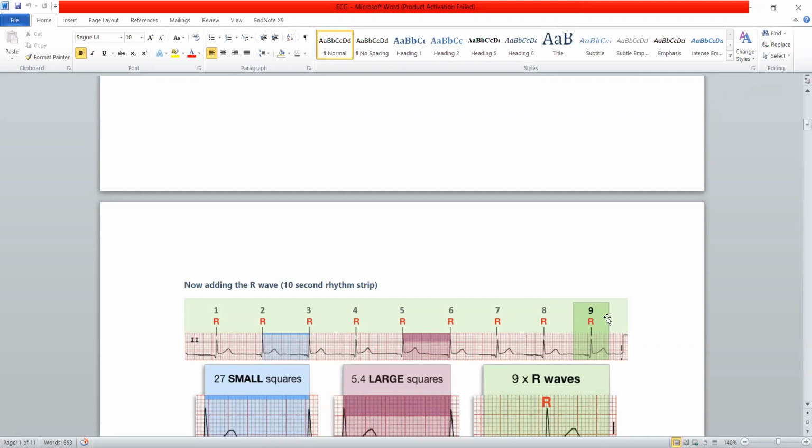So the first thing that we do in an ECG is to calculate the heart rate. From the rate, we can have an estimate. Yes, we need to always multiply it by 6, and we need to always calculate the number of R waves in a 10-second strip if the heart rhythm is irregular, or the RR interval is irregular.